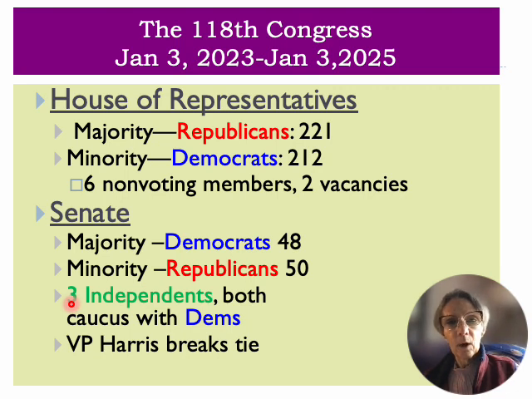But all three of them caucus with the Democrats, thus giving them a majority. And now, if there was a tie, that tie would be broken by Vice President Harris. Okay. And so we've got split party control within the United States Congress: Republicans in the House, Democrats in the Senate, and then a Democrat in the White House.